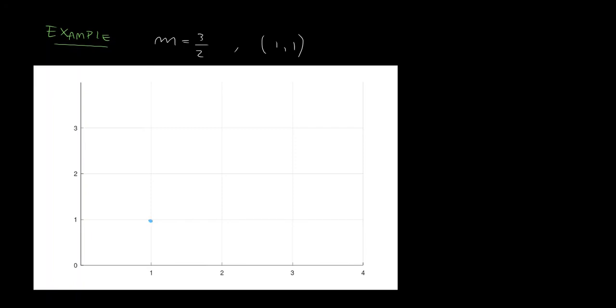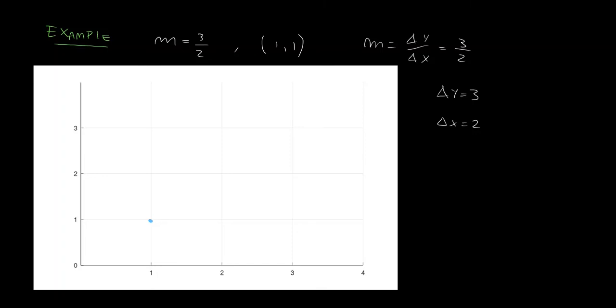Now remember the definition for the slope. m was the delta in y divided by the delta in x. This was the change in the y-axis divided by the change in the x-axis. And we are told this number is 3 divided by 2.